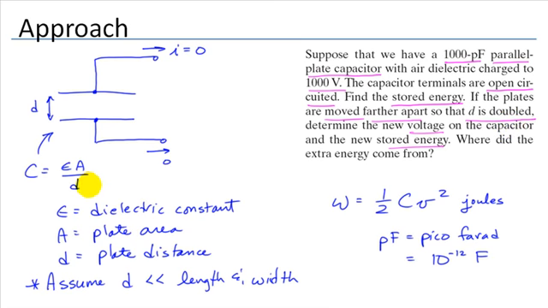So let's think about this a bit. If the distance between the plates is increased, that means the denominator gets larger, and if nothing else changes, then the capacitance is getting smaller. Doubling the plate distance actually cuts the capacitance in half.